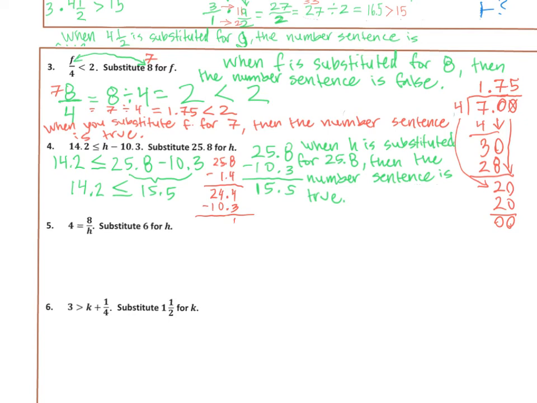We'll have 4 and then 1. So we'll get to 14.1, which is less than 14.2. So we got 14.2 on one side and 14.1 on the other.